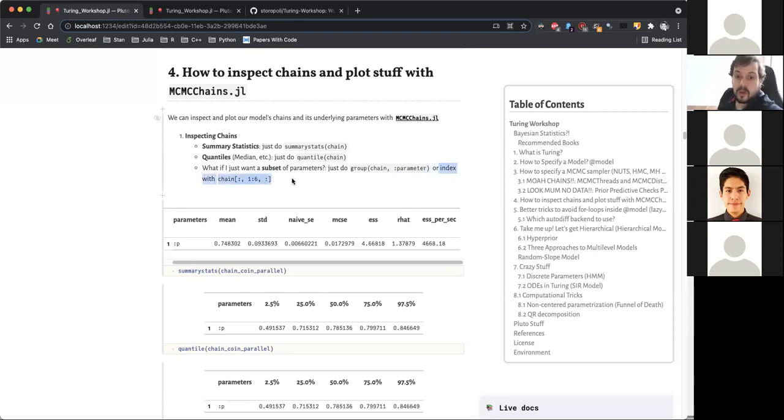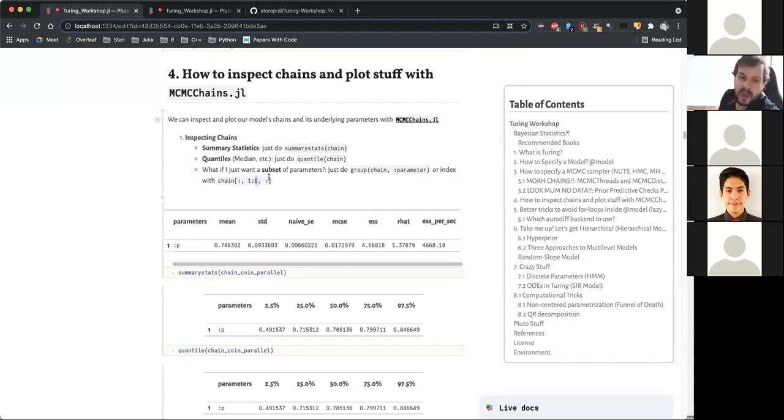And also we can do an index here, treating it as a multidimensional array. I want all draws from columns 1 to 6, so that's from the first to the 6th parameter. And then I want all the chains, because if I run multi-threaded, we have a third dimension here, that's the number of chains that you ran.